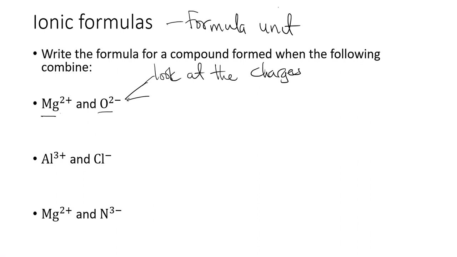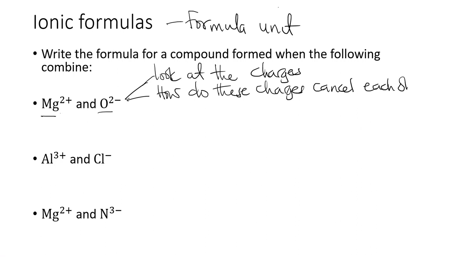So ask yourself a question: how can these charges cancel each other? Those are the two things that you are going to look at. How can I make the charges cancel each other?